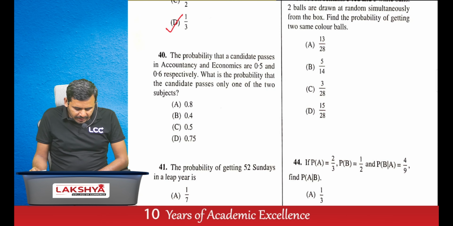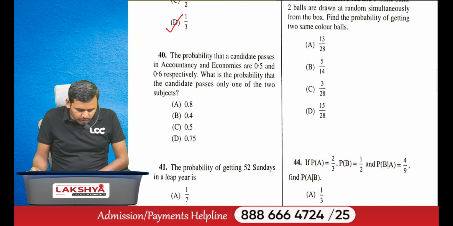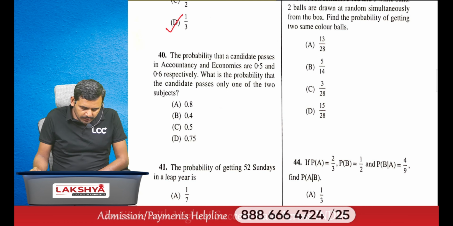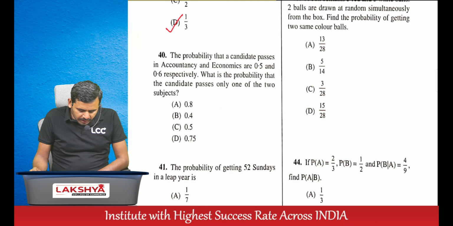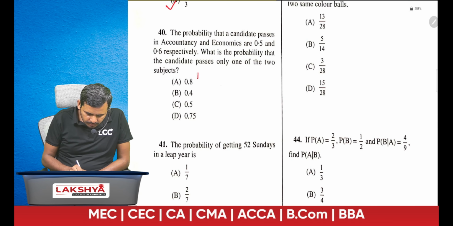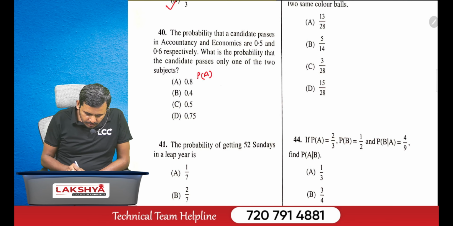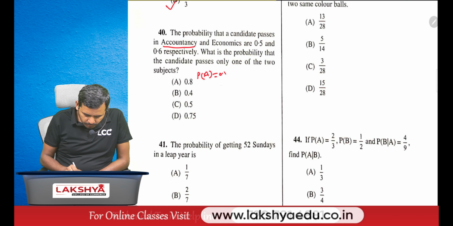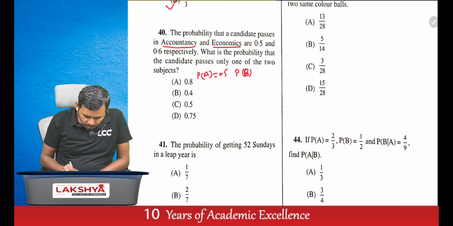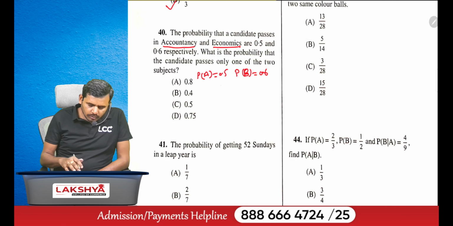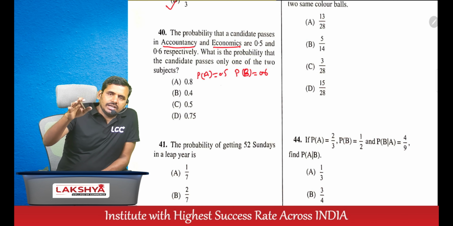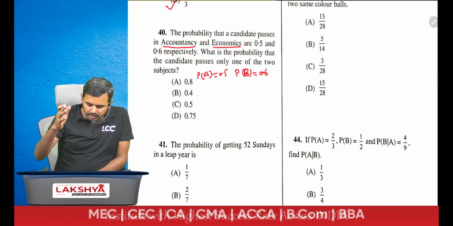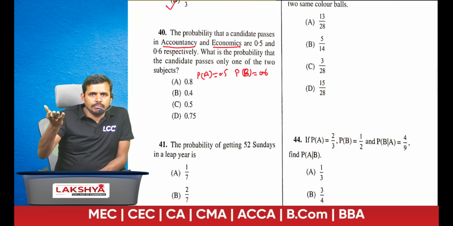The probabilities that a candidate passes in accountancy and economics are 0.5 and 0.6 respectively. What is the probability that a candidate passes only one of the subjects? See, probability of A, accountancy, is 0.5. Probability of B, economics, is equal to 0.6. Only one of the subjects means he passes accountancy and does not pass economics, otherwise he passes economics and does not pass accountancy.